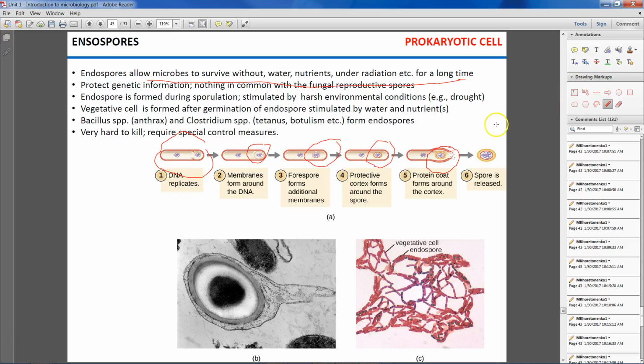And essentially the endospore here, you can see, contains only genetic information, practically no cytoplasm, no ribosomes. Think about an endospore as a seed of a plant. Make sense? Endospores themselves do not replicate. Does that make sense, what I just said?